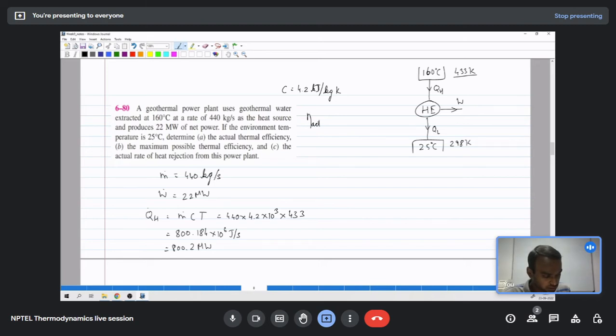So that means we can calculate the actual thermal efficiency now. Eta act is W dot by Q dot H, which is 22 divided by 800.2. So this is 0.0275, which is 2.75%.